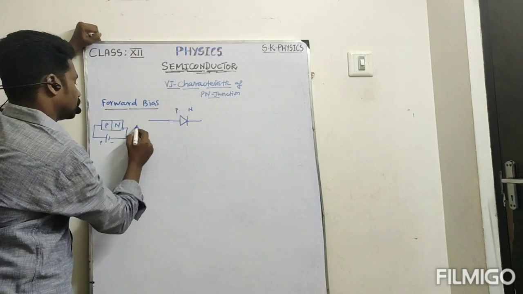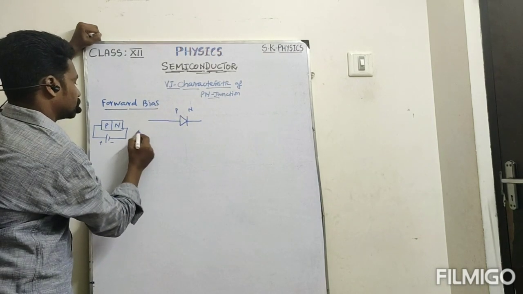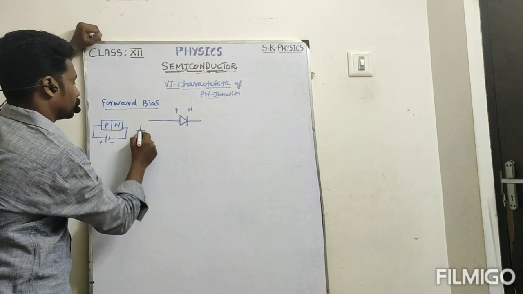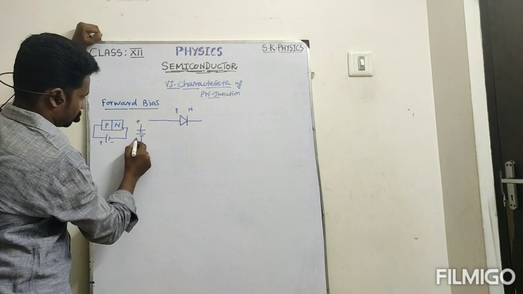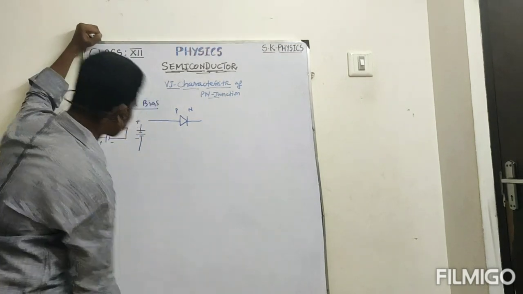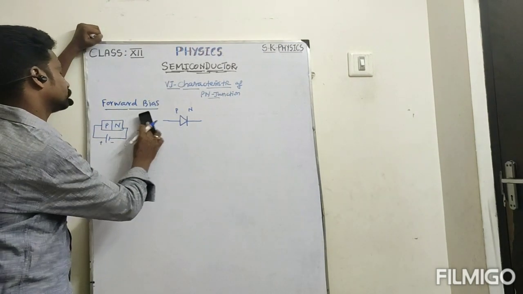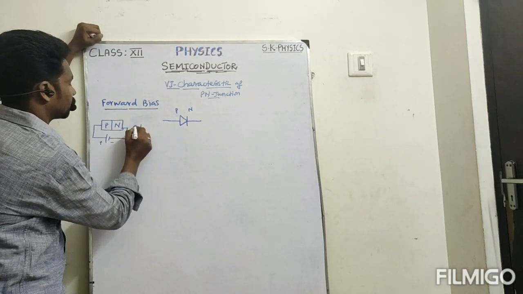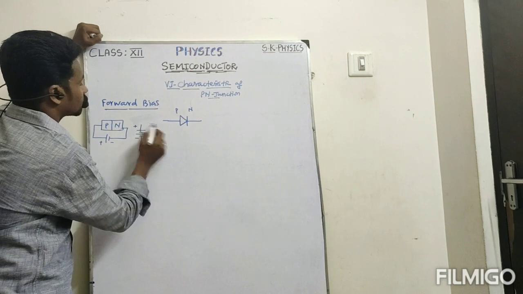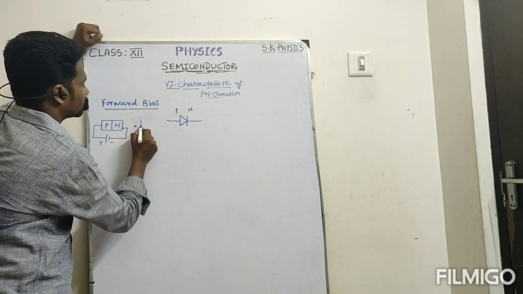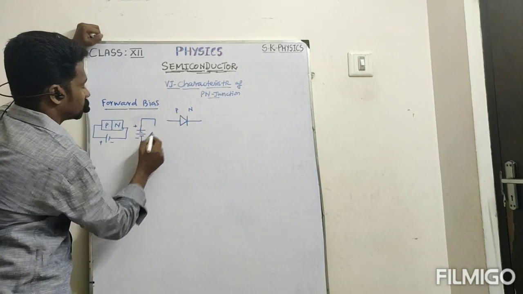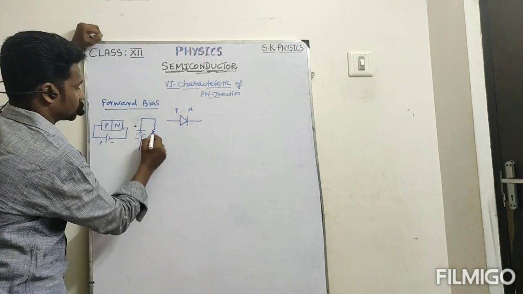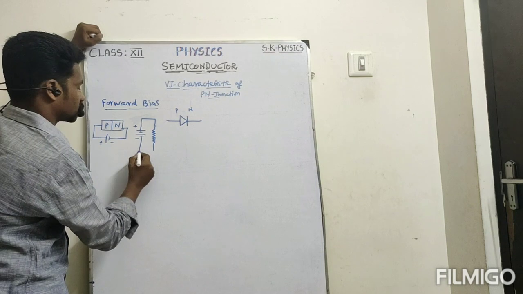So let's take battery positive, negative, like this. Now I want to vary the voltage, so we will vary the current with the help of a rheostat.